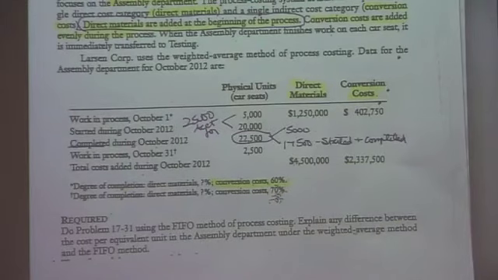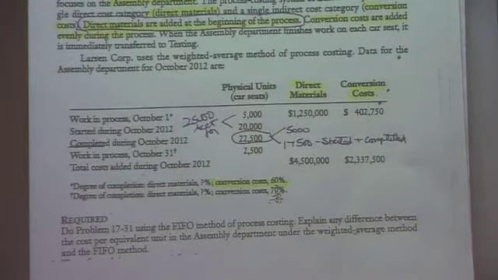For FIFO, we have to keep these numbers of units and the costs associated with producing and completing, or partially completing, these units separately. Unlike the weighted average, where we're going to add the costs and average out the cost from last period to this period. Now, think about it. Materials would have changed in price, particularly if we buy the material from a foreign country.